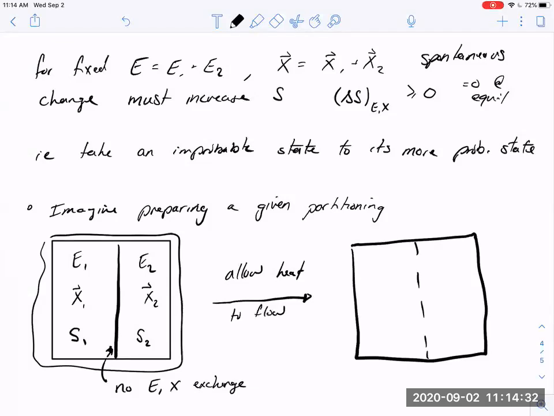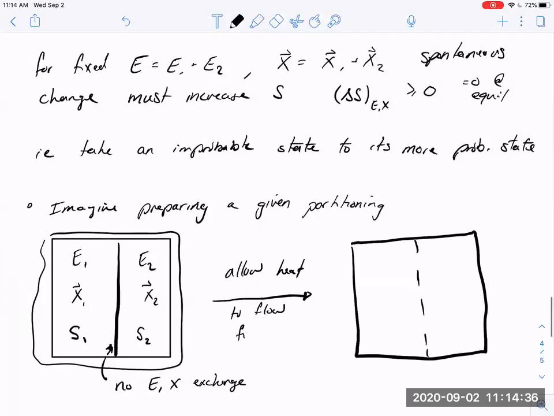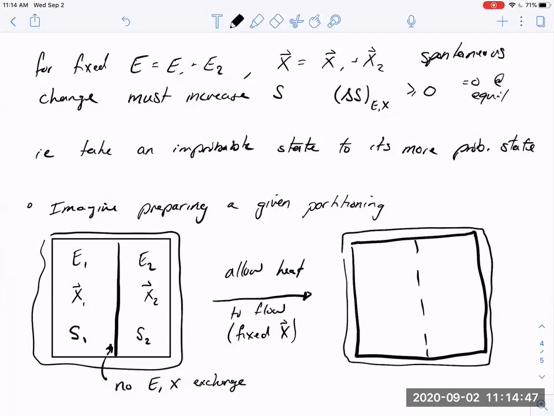But let's not allow the volume to change or the number of particles to change. All right, so the mechanical variables by construction stay fixed, but the energy changes.